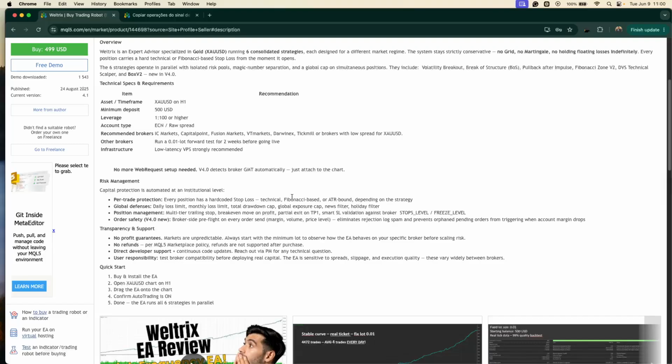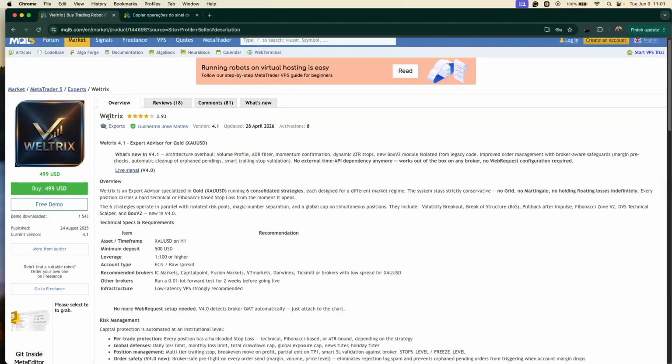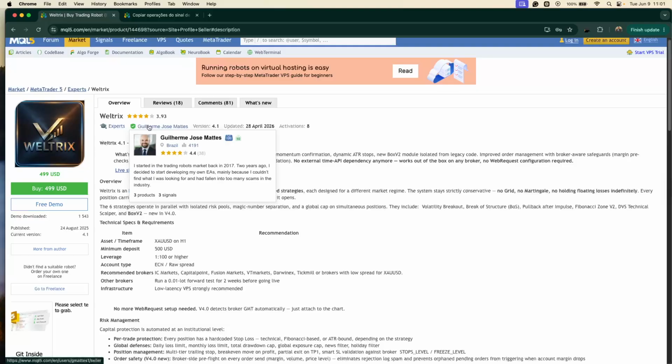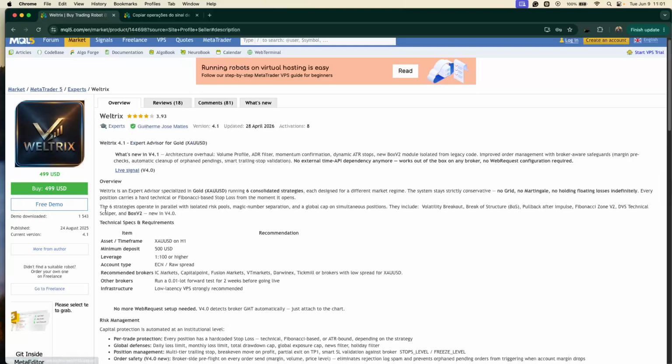We also have the ADR filter and momentum confirmation, dynamic ATR stops, and better order management with broker safeguards. No more external API dependencies. All of these are in the updated Weltrix. It was just updated on the 28th of April 2026, so the developer does keep a close look on this expert advisor. It was published on 24th August 2025, and it goes for $499.